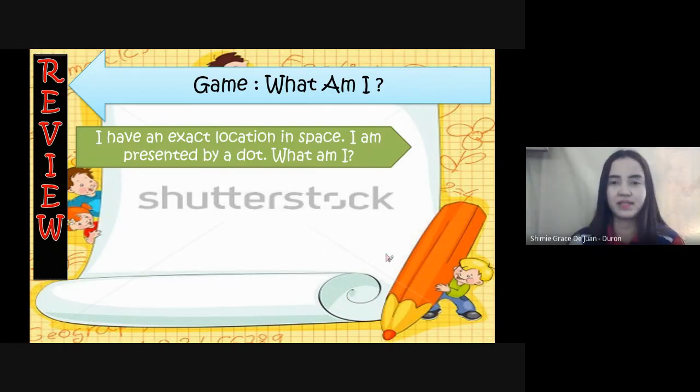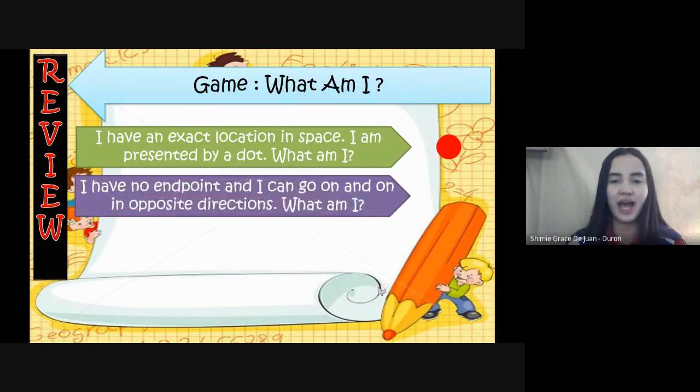Can you guess? Write your answer in your notebook or in your paper. Okay, it is the point. I have no endpoint and I can go on and on in opposite directions. What am I? It is a line.